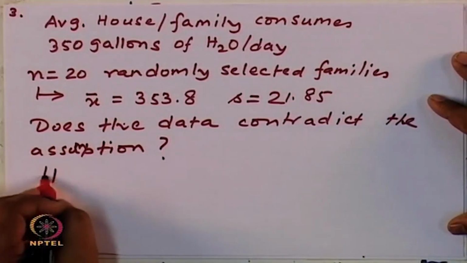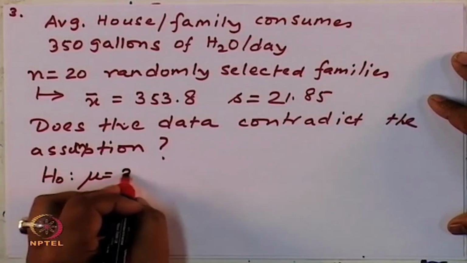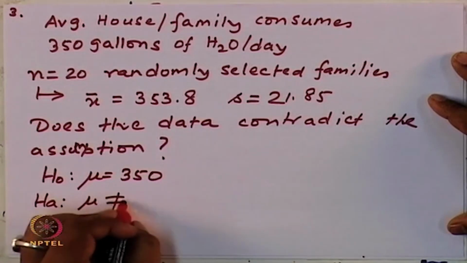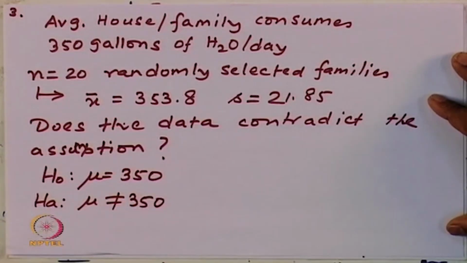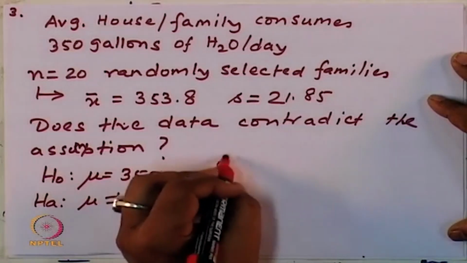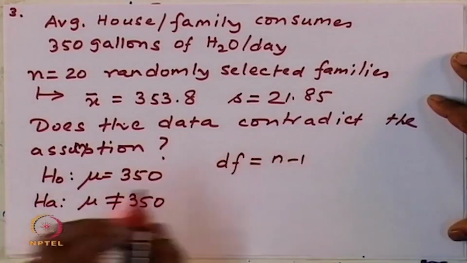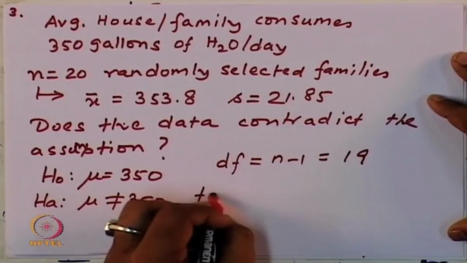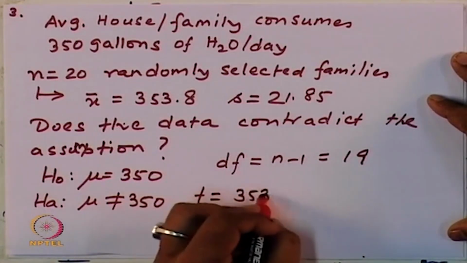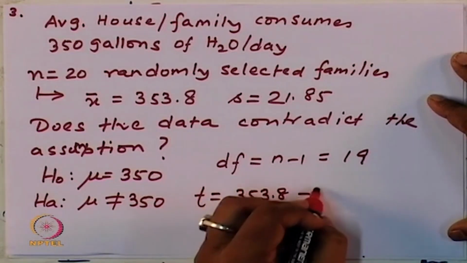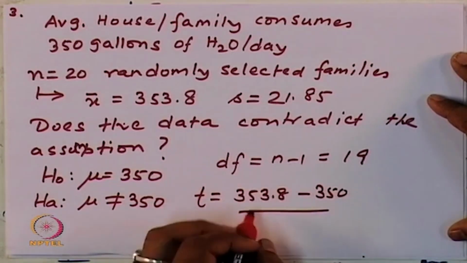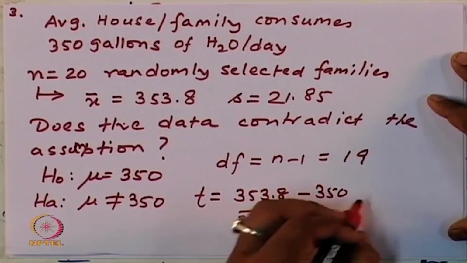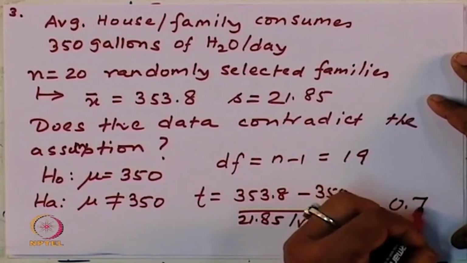You have your H naught as mu equal to 350, and your H A as mu not equal to 350. I can calculate the degrees of freedom, df equal to n minus 1, which is 19, and the value of t is 353.8 minus 350 divided by 21.85 over root of 20, which is approximately 0.78.